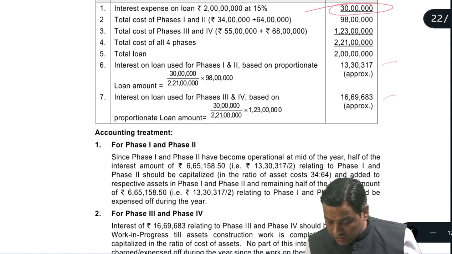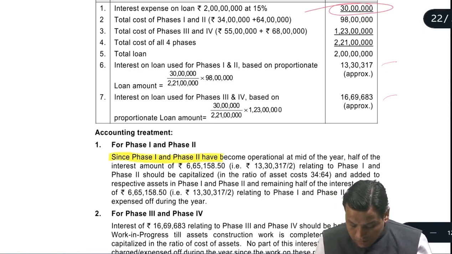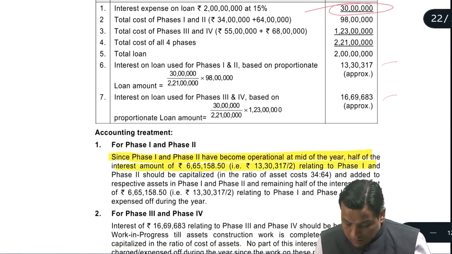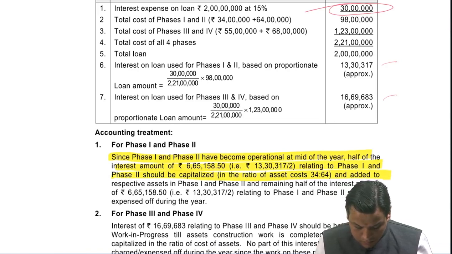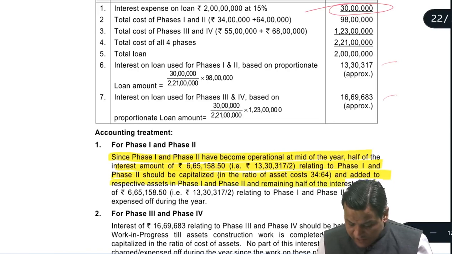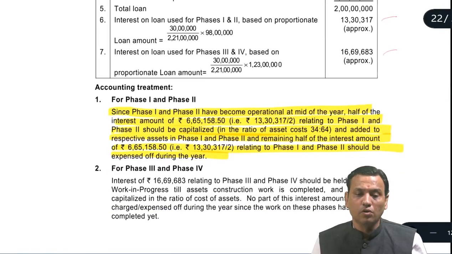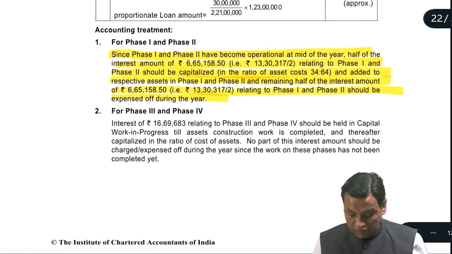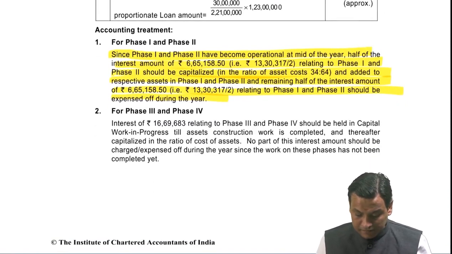Okay, so that is the simple point friends, not a big stuff for us. And as far as phase 3 and phase 4 is concerned, my dear students, what should you do? Obviously, it will be capitalized because the work is not yet completed.